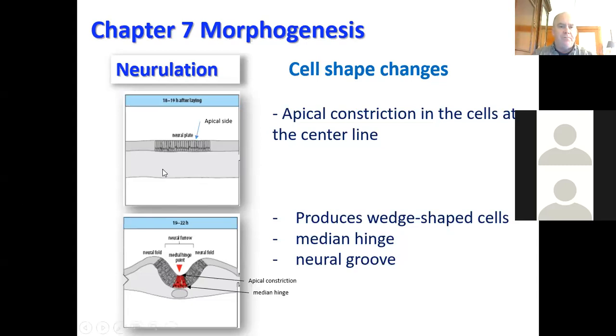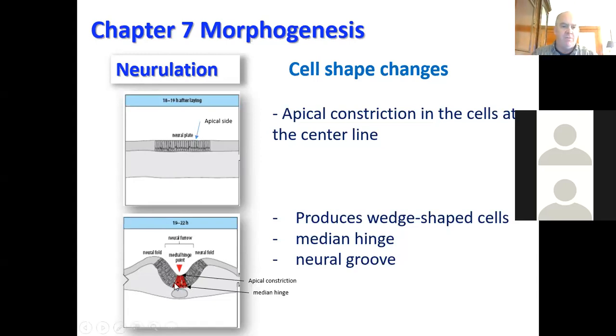So underneath this ectoderm, you've got that notochord releasing FGF and Wnt, turning this into neuroectoderm. And then these cells at the bottom, you get apical constriction, so that the apical side of these cells constricts and the other side is going out.